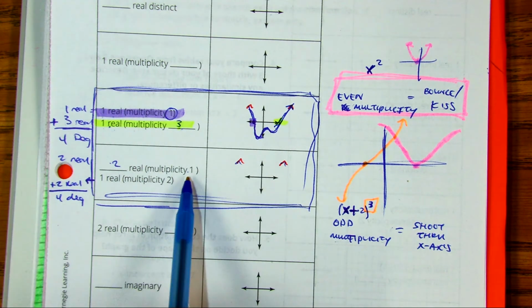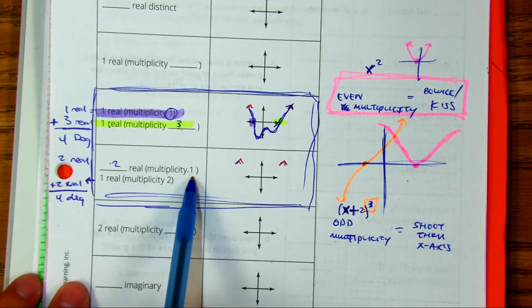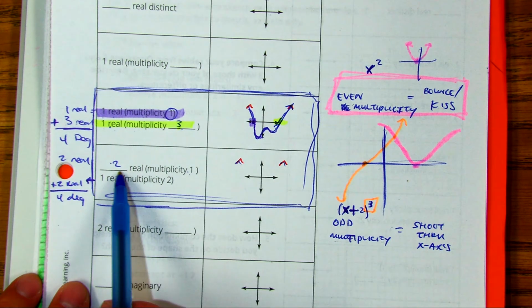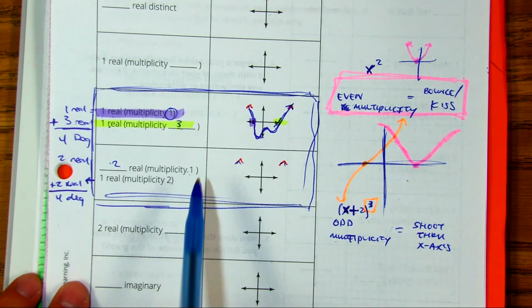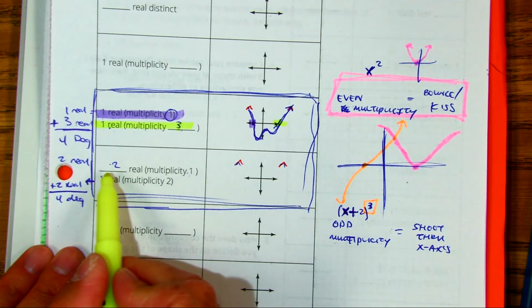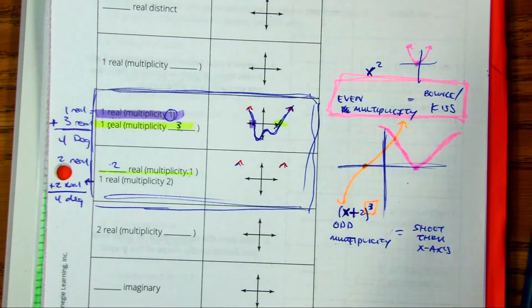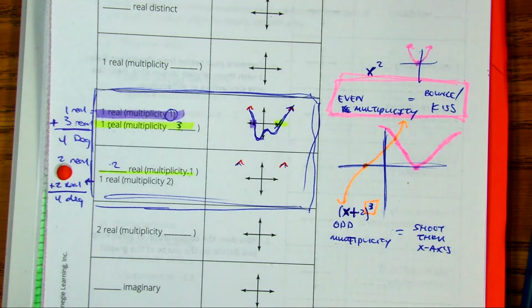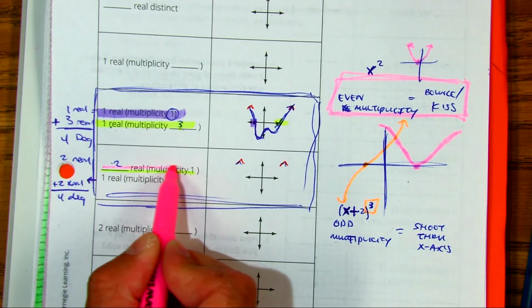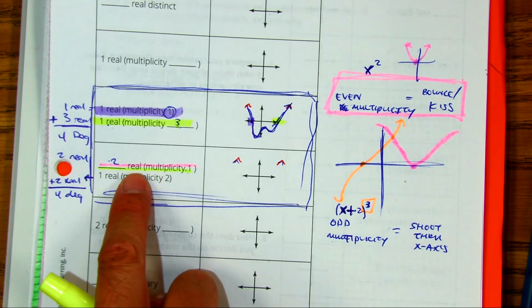Is this multiplicity here? So 2 reals? You're going to have 2 shoot throughs, right? So let me see if I can do 2 colors. This is 2 separate numbers. 2 colors here. Question. Multiplicity of 1.